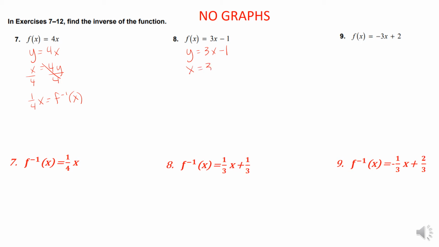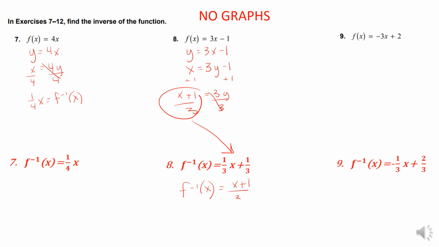X equals 3y minus 1. I'm going to add 1 to both sides. I get x plus 1 equals 3y. Divide everything by 3. And notice how they wrote it here. So I'm okay if you had written it like this, but that is the same thing.